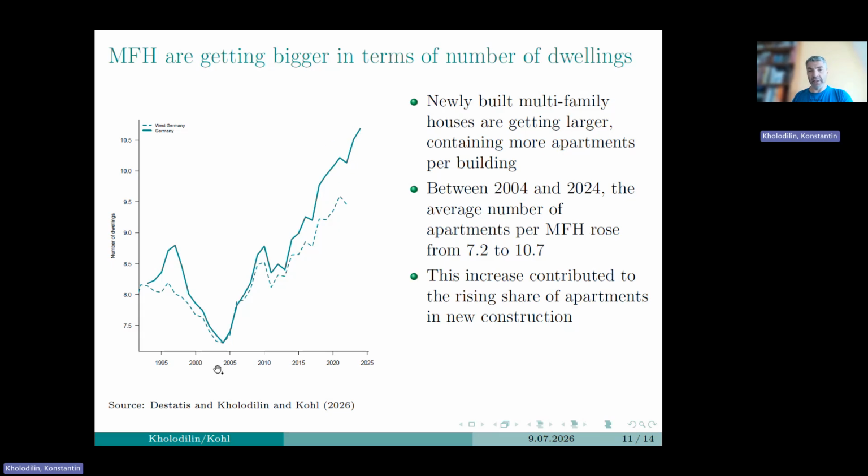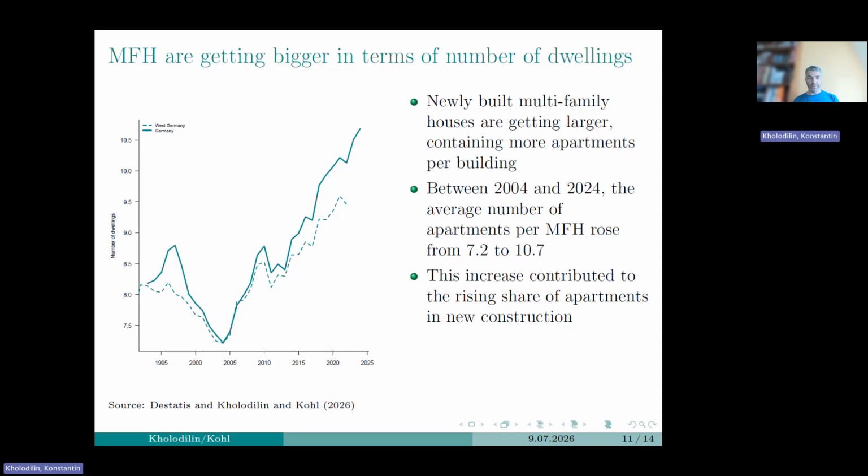So what we see is that between 2004 and 2024, the average size of newly built multifamily houses increased from 7 to 11 apartments per house.